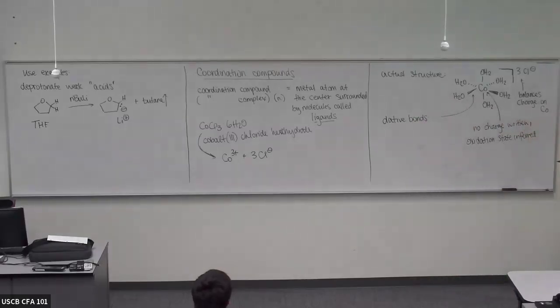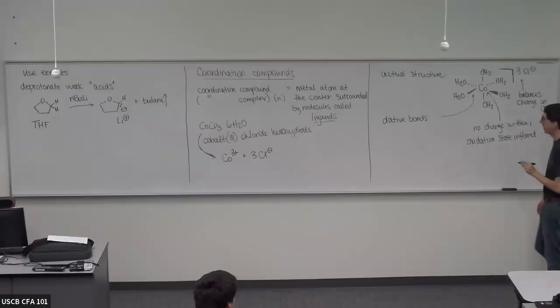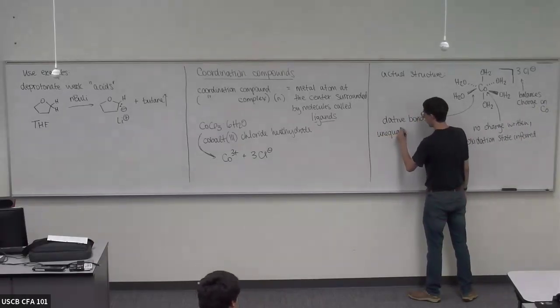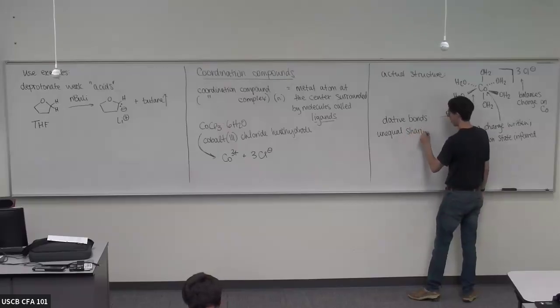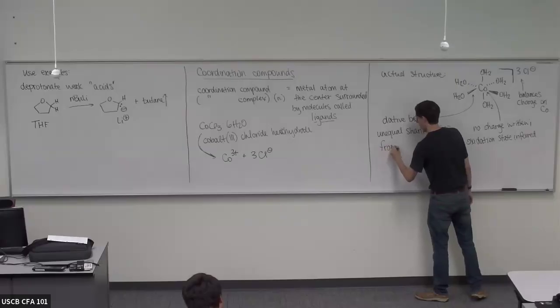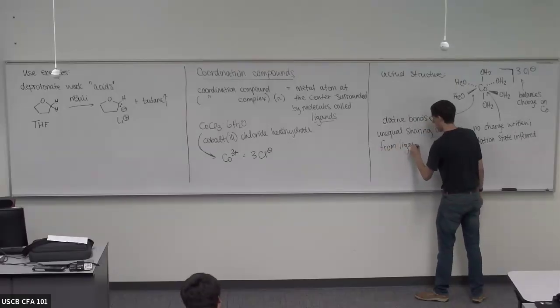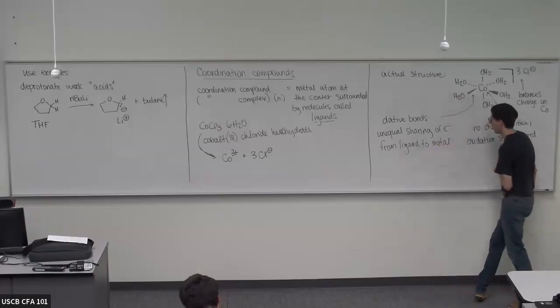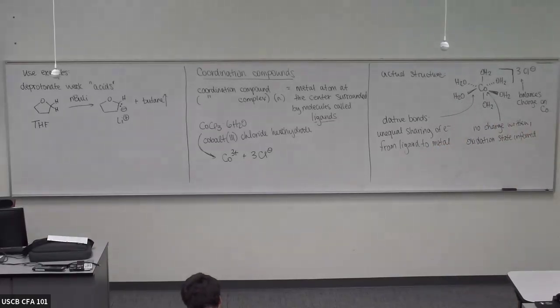These are dative bonds. And dative bonds mean we have an unequal sharing of electrons coming from the ligand and reaching out to grab the metal.